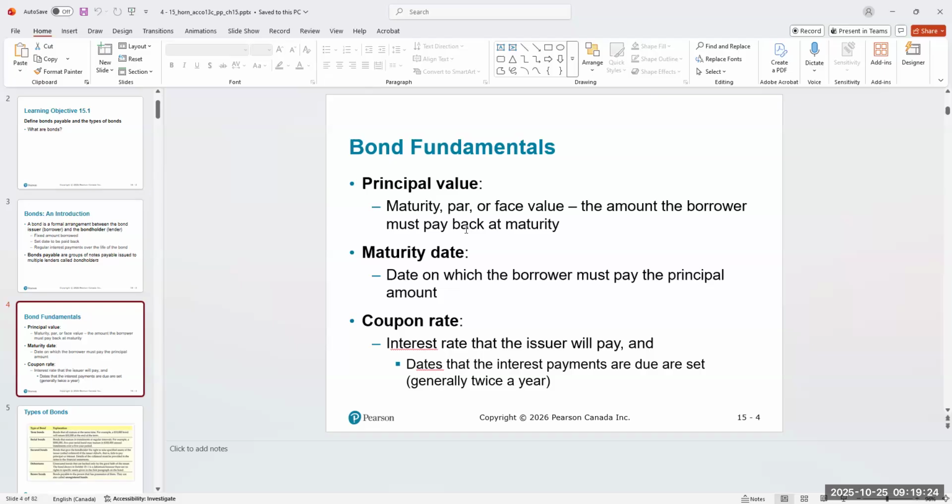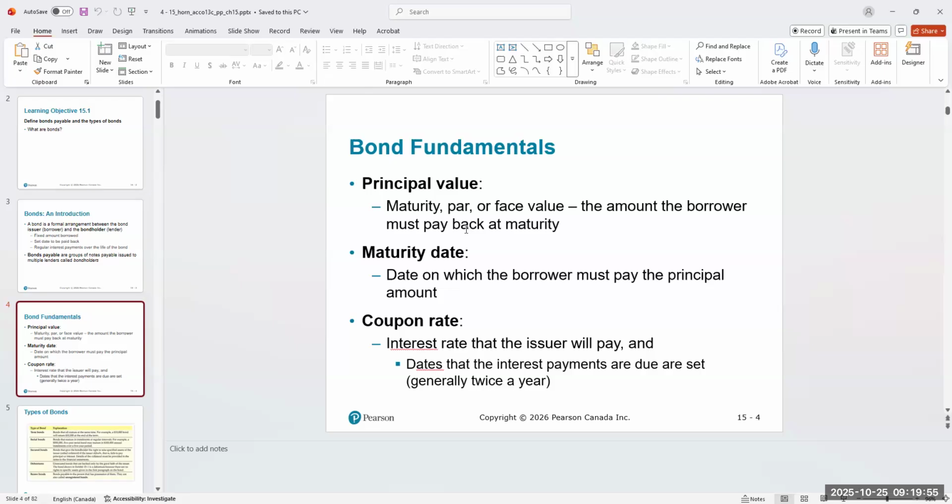One question can say the par value of the bond is $1 million. The next question you can see the face value of the bond is $1 million. And you start wondering, okay, what's the par value, what's the face value? Same, principal value. Or you can see maturity value of the bond is $1 million, same principal value. Those are used interchangeably in different questions.